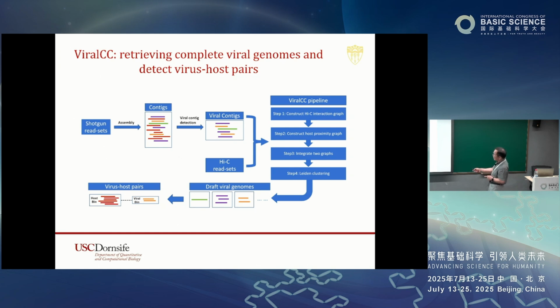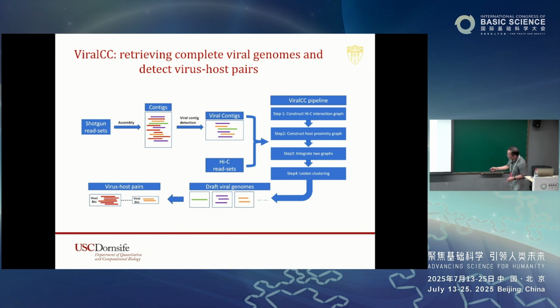We first identify the viral contigs using a program that we developed before, and we have the Hi-C reads. The first step is to construct the Hi-C interaction graph, as before. We also construct, and this is new, a host proximity graph, which is just the host-mediated graph. Then we integrate those two graphs and get the unified integrated graph.